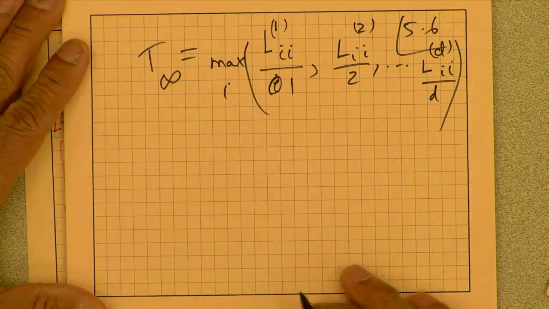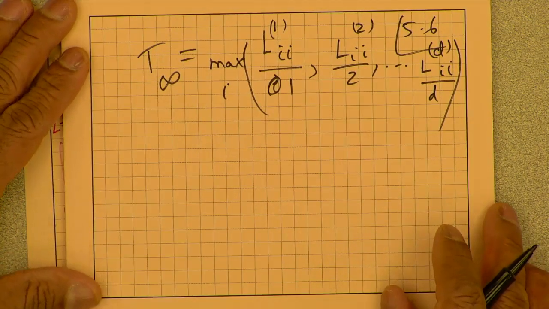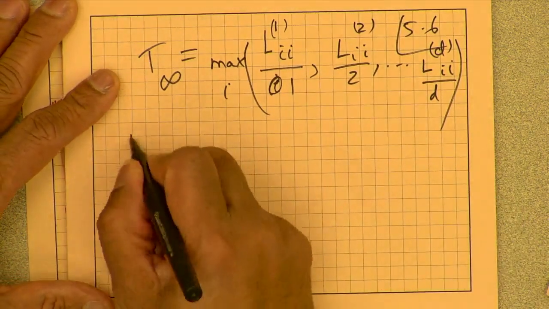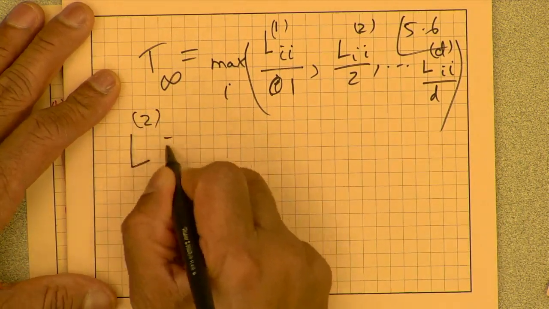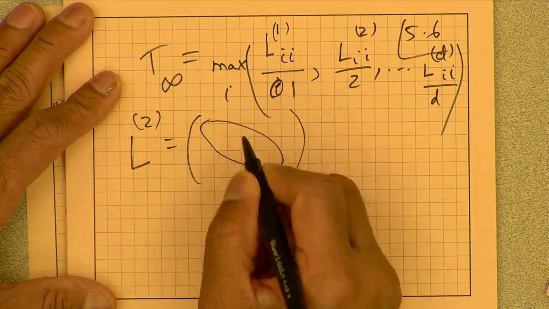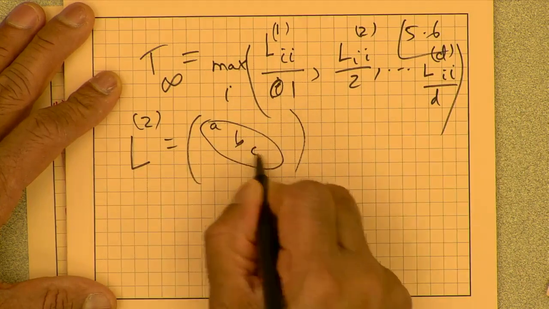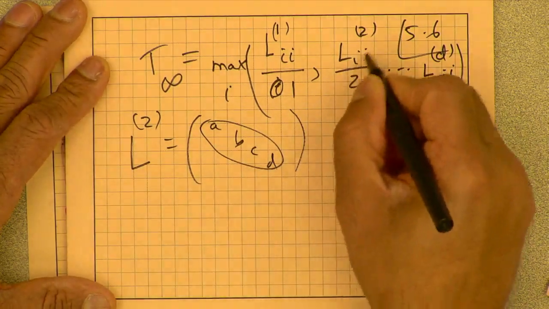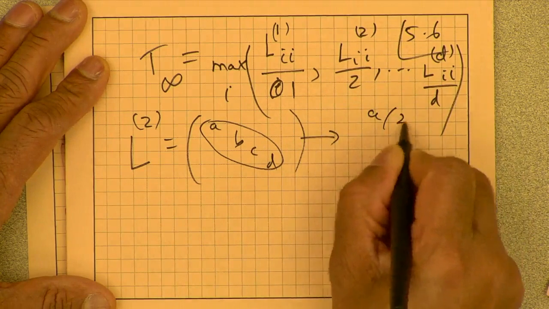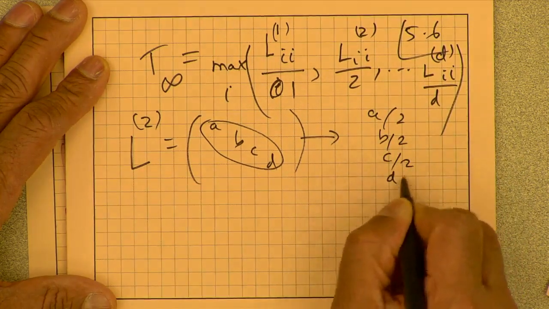What we are saying here is that you take all these L matrices, for example L2, and look at the diagonal elements. Let us say these are A, B, C, D, then these candidates are A by 2, B by 2, C by 2, D by 2.